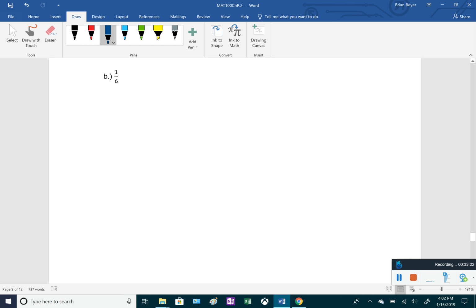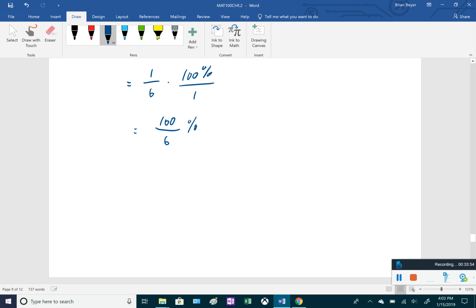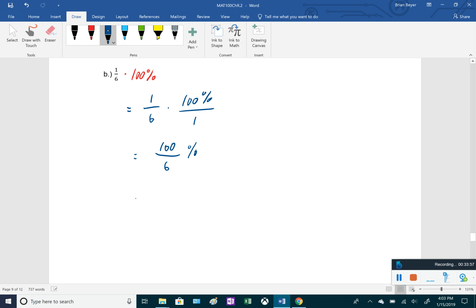Okay, for the next one, 1/6. So 1/6, we're going to take that and multiply that by 100%. So it's going to be 1/6 times 100% over 1. So this is going to be 100 divided by 6. So let's try to simplify this a little bit. It looks like 2 will cancel.